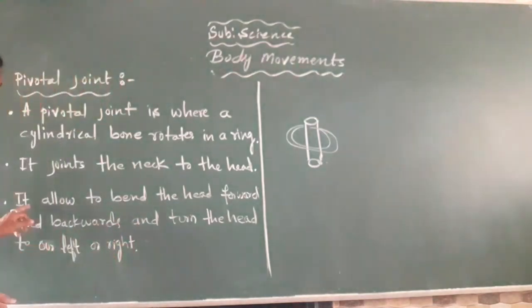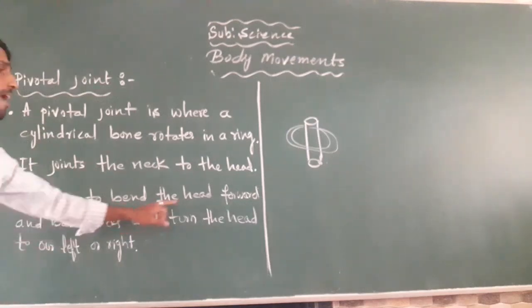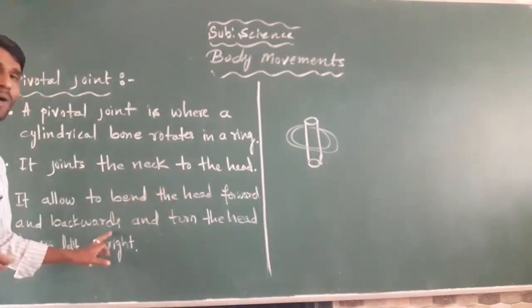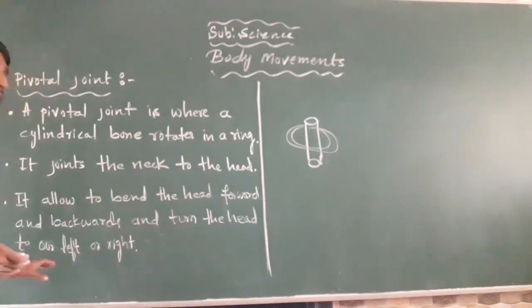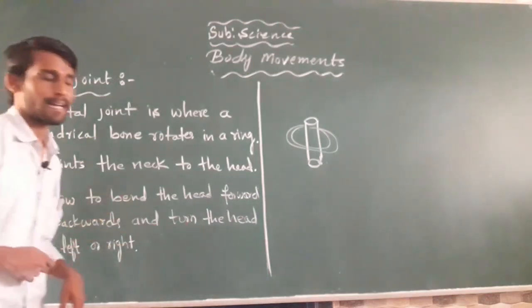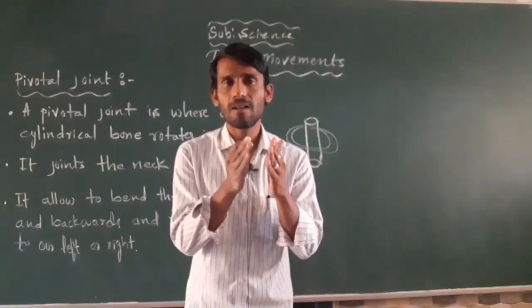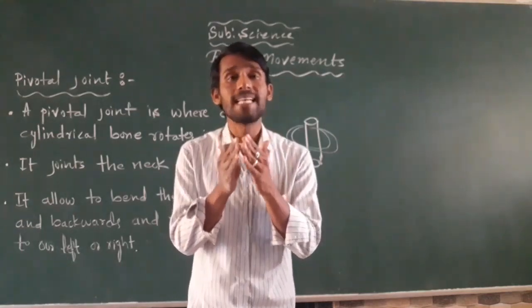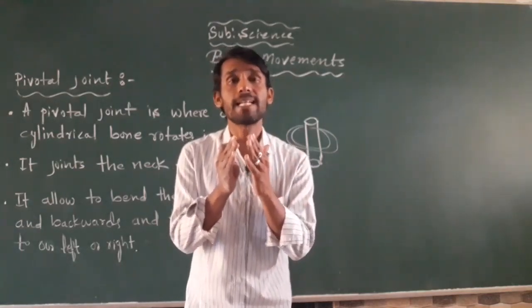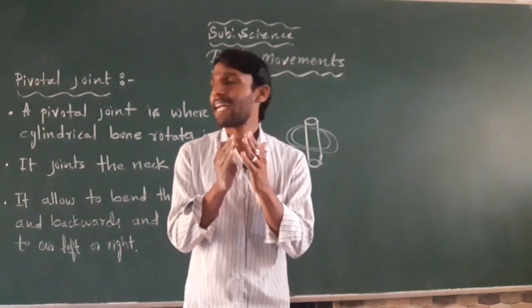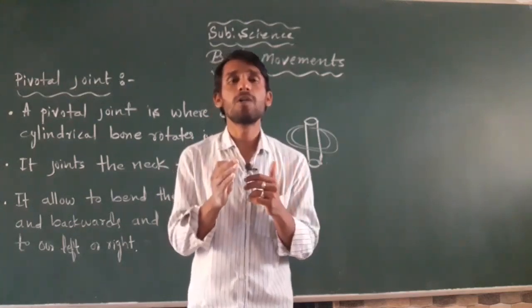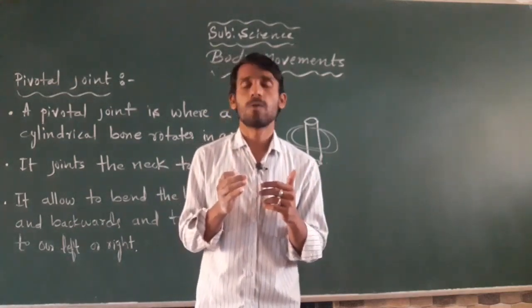Next, third point, it allows us to bend the head forward and backwards and turn the head to our left and right side. Dear friend, where a pivotal joint is present, we are able to rotate left and right side only. We are able to bend upside and downside.